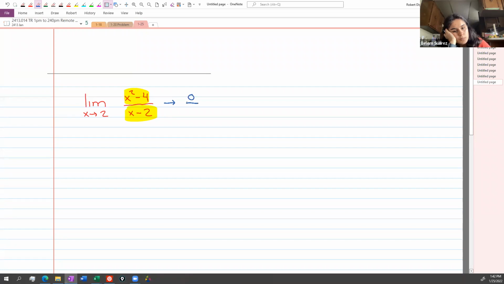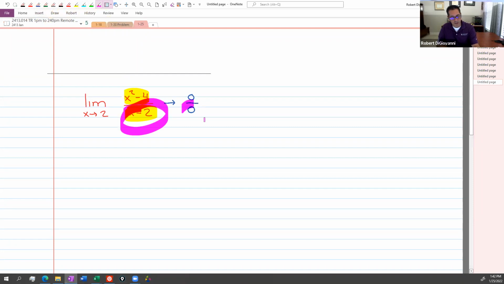And what do you get in the denominator? 0 as well. So that means it's undefined, right? Direct substitution will not work here because we have this issue of division by 0. That is causing a problem. So direct substitution is off the table now because 2 was not in the implied domain of that function. Are we clear?